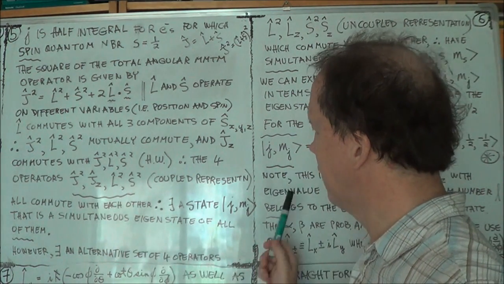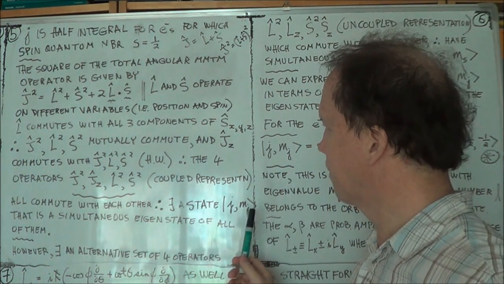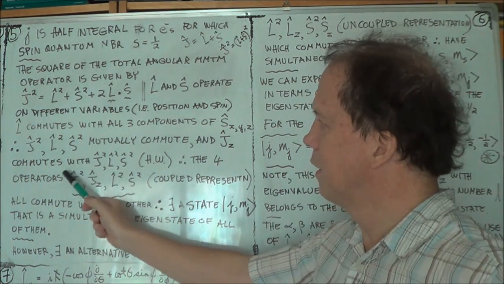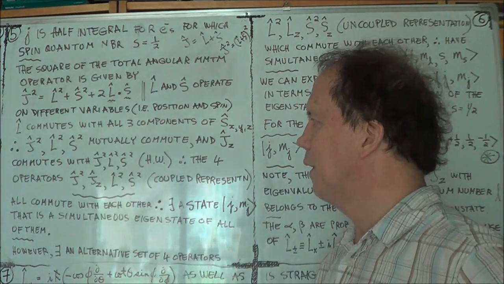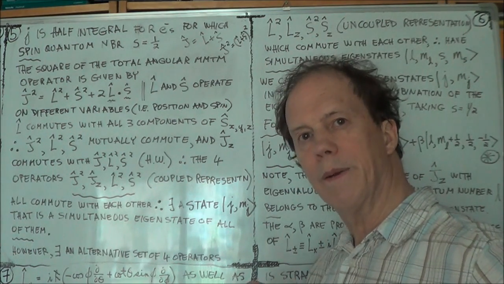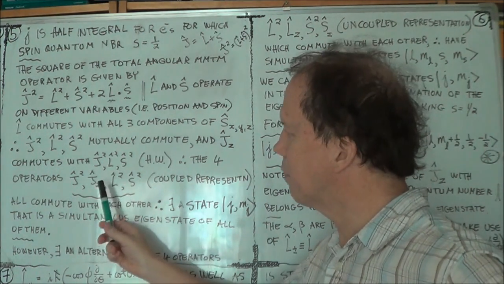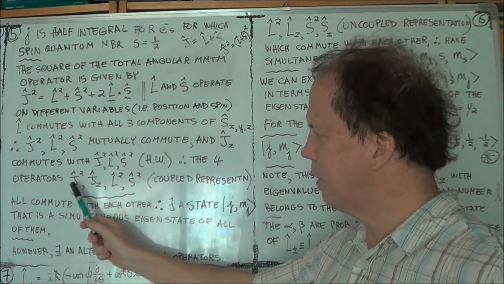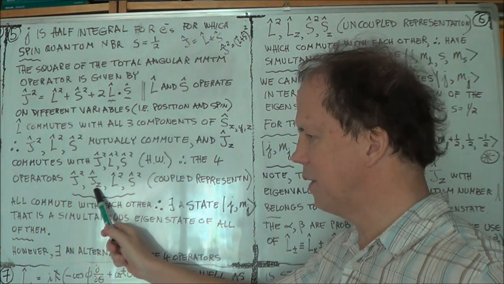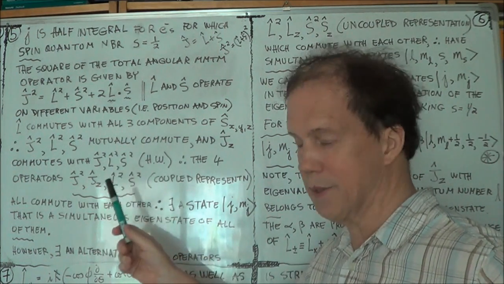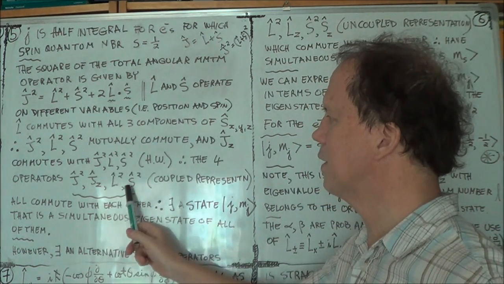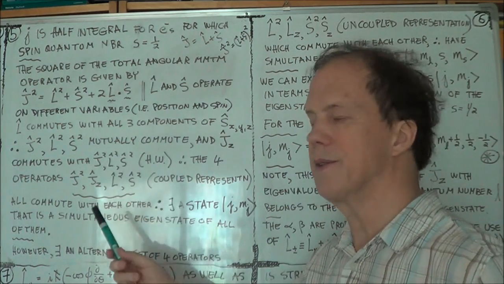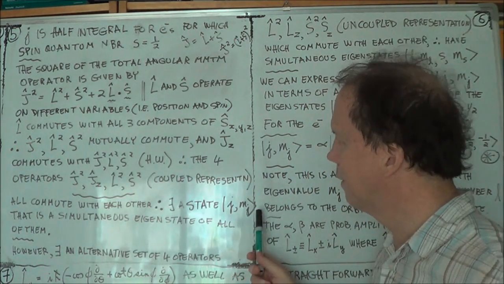So let's label. Well, these two commute. So let's choose a labeling of the eigenstates that are in common with these two, and the eigenstates of this and this, the same eigenstates, will also be the same eigenstates of these two. But just to label the eigenstates, let's do it this way. Okay.